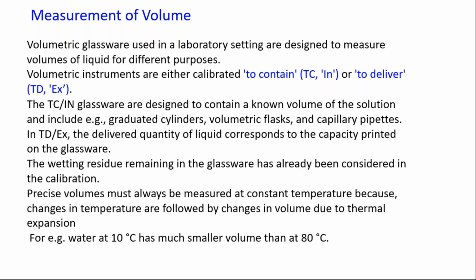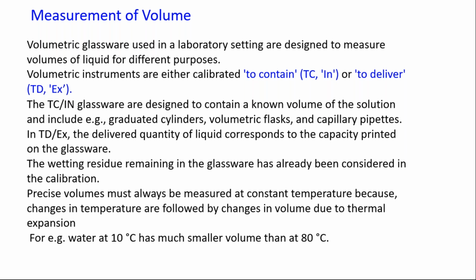So you will see that all the standard flasks have got TC, and you will also see the graduated cylinders, and you will see the bulb pipettes, or what we call the volumetric pipettes, which have TD, to deliver. They deliver that quantity of water.